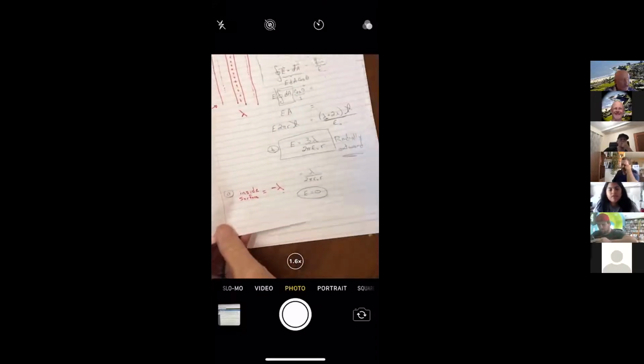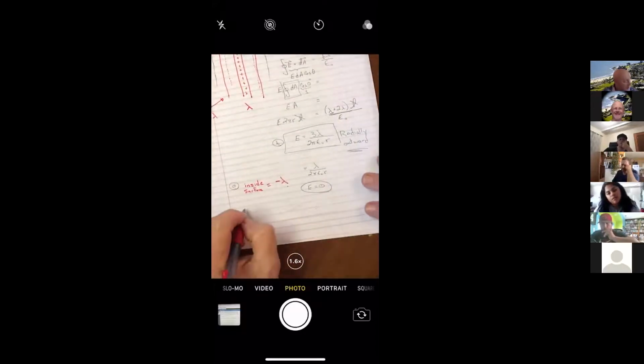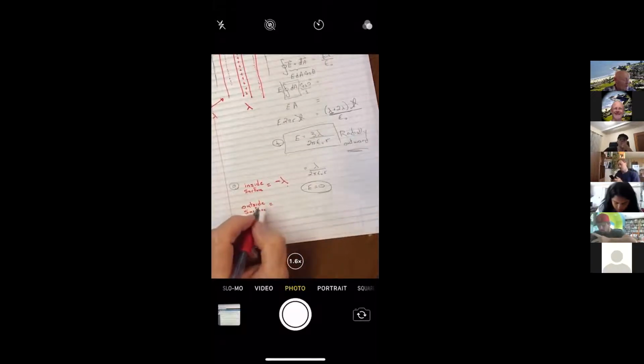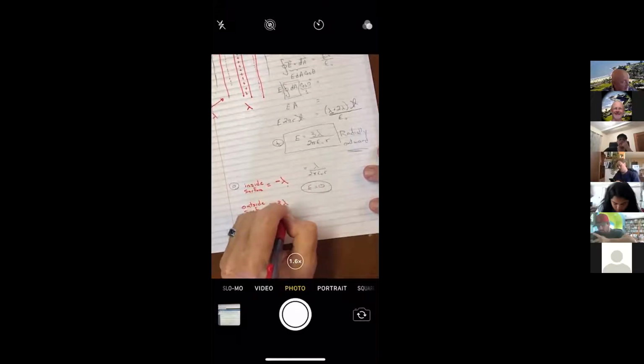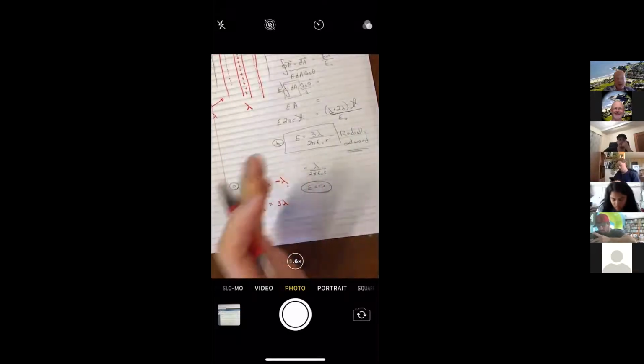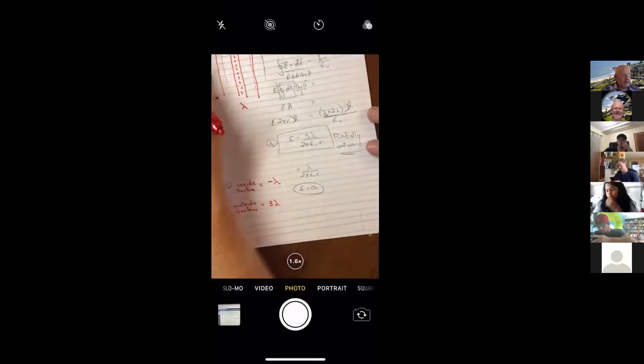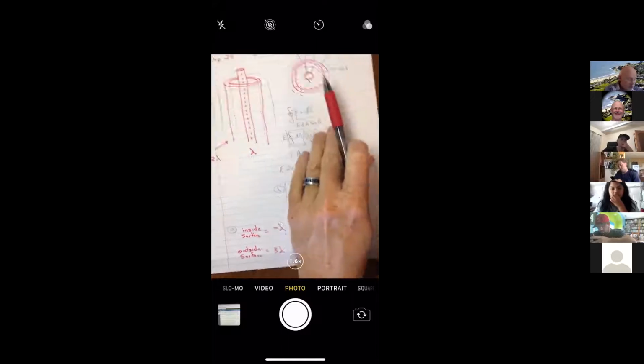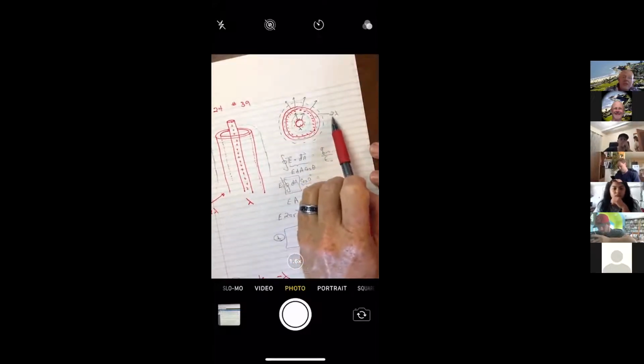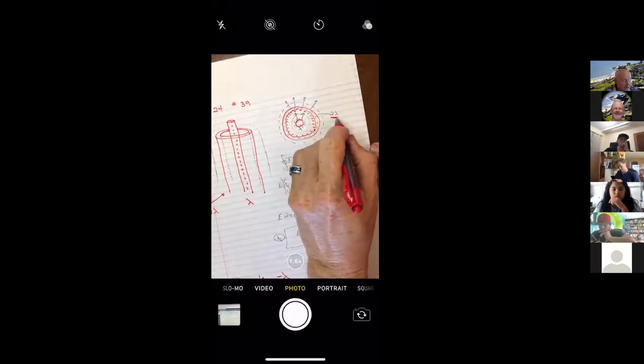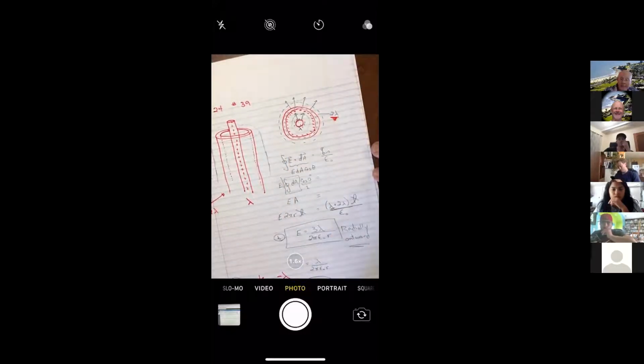Now, with that in mind, then the outside surface would have to be 3 lambda. How do I know that? Well, coming back to here, remember the total needs to be 2 lambda on the whole thing.